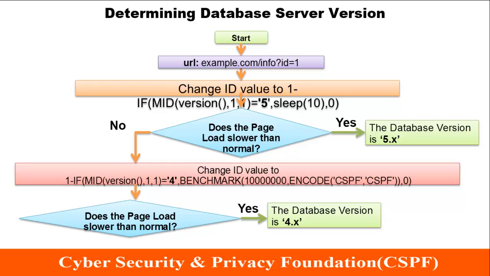If it doesn't load slower than normal, then change the ID value to 1 and if(mid(version(),1,1)=4, benchmark(1000000, encode with the appropriate values), 0). If the page loads slower than normal, then the database version is 4.x.